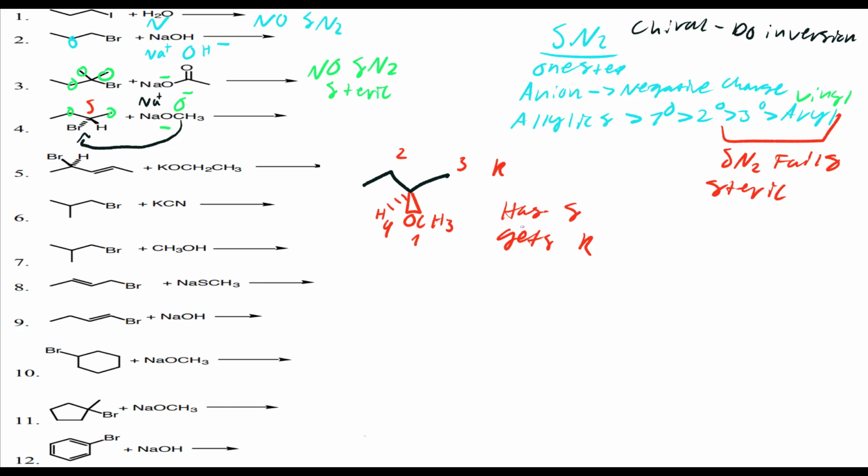So if I had R and I do an inversion because I have SN2, I'm going to get S. If I had S, I'm going to get R. And that occurs because of the inversion that we did, right? And that's kind of like a quick, skinny rundown on SN2 reactions and chiral inversions, okay?